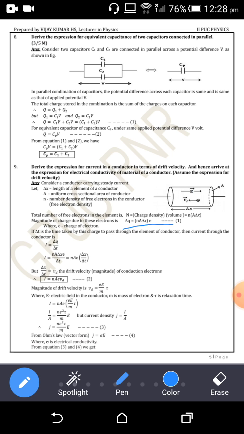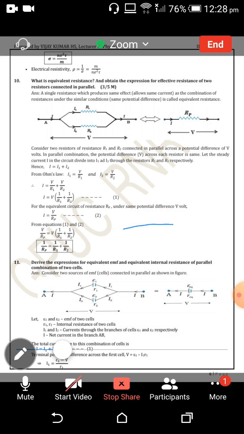Okay, and in equation 4, you know that J is equal to sigma into E, which is the relation we have already derived between the current density, conductivity and electric field. Now we compare equation 3 and equation 4 since the LHS are the same.